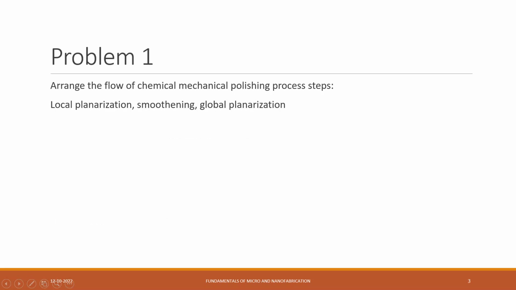So the first question is from chemical mechanical polishing. Chemical mechanical polishing involves some processes. Three processes are given here: local planarization, smoothing, and global planarization.